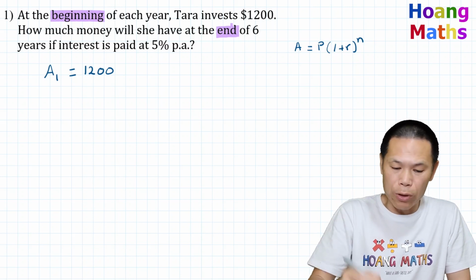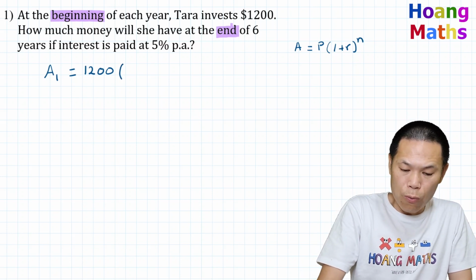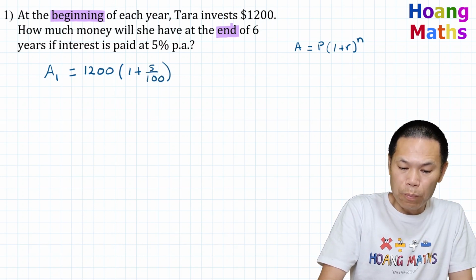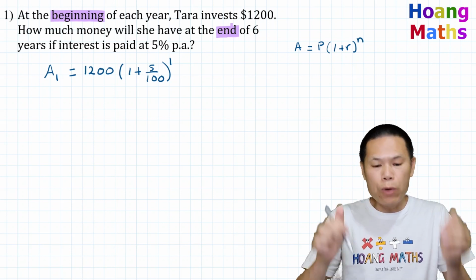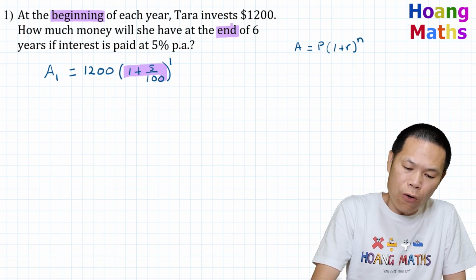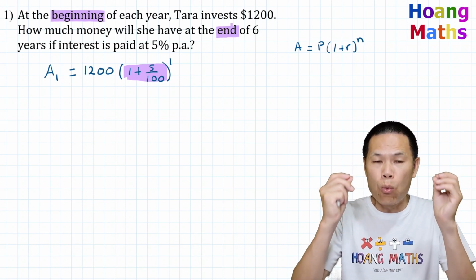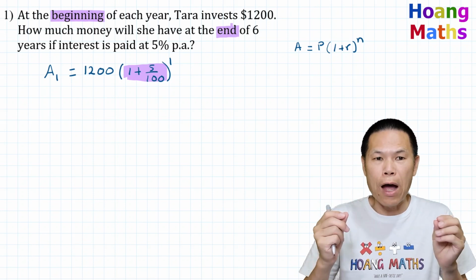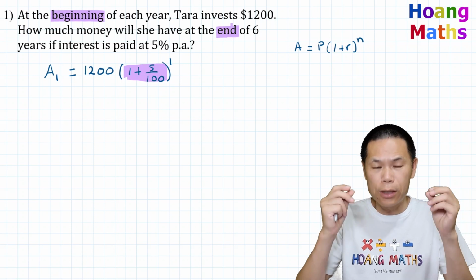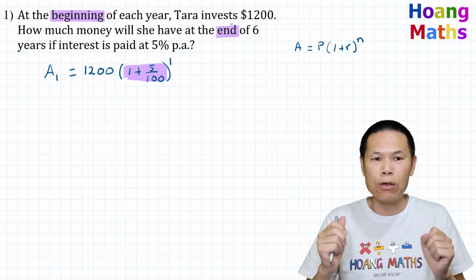So we times by 1 plus R, 5 over 100, power 1. But 1 plus 5% is 1.05, and power 1 is still 1.05.